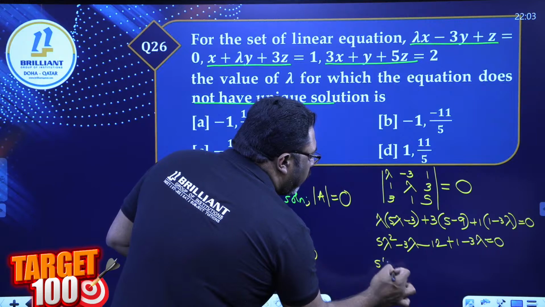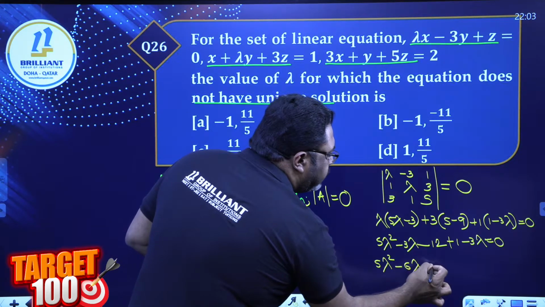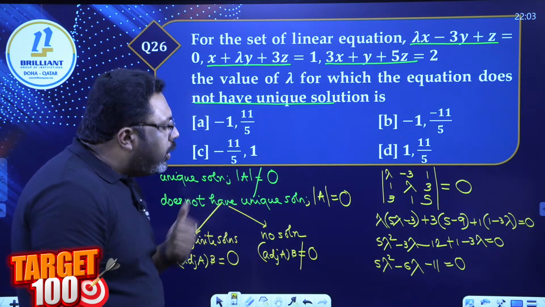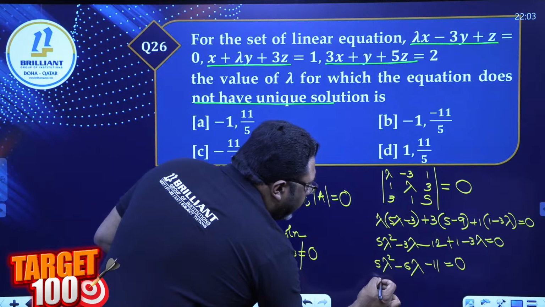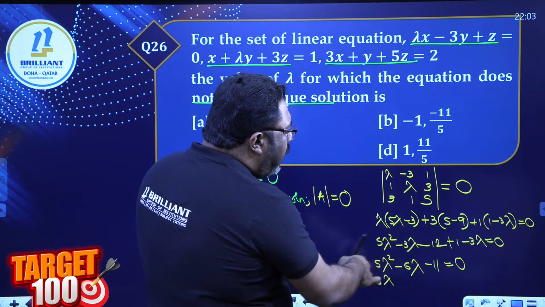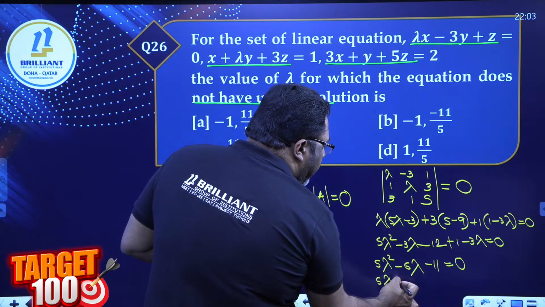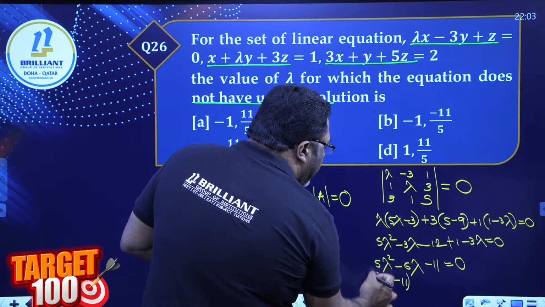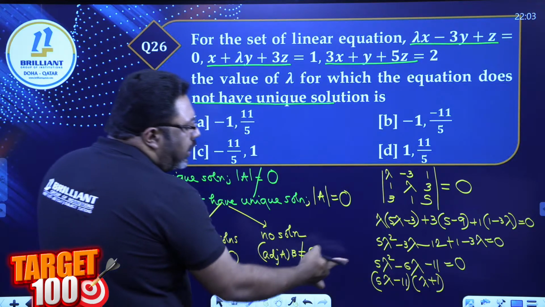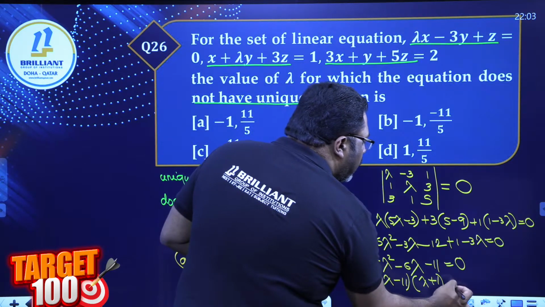So the equation is 5 lambda squared minus 6 lambda minus 11 equal to 0. You have to solve this quadratic equation. On factorizing, the product is going to be minus 55, the sum is going to be minus 6, so it's going to be minus 11 and plus 5. So the factored form is 5 lambda minus 11 and lambda plus 1 equal to 0.